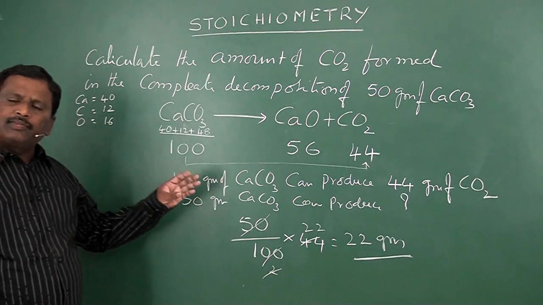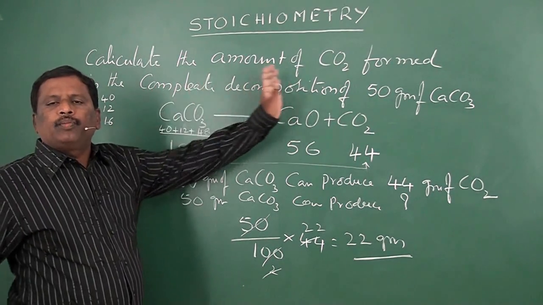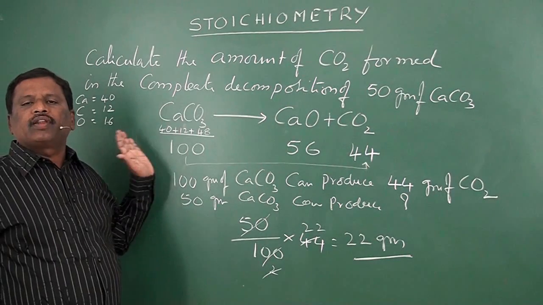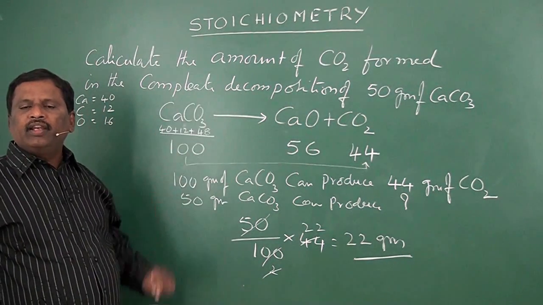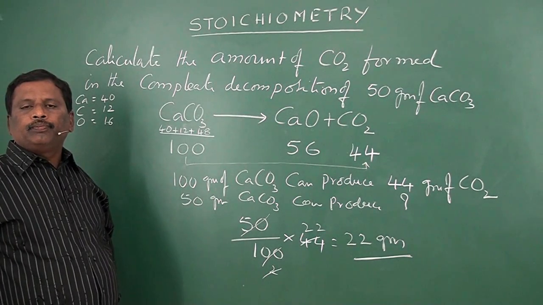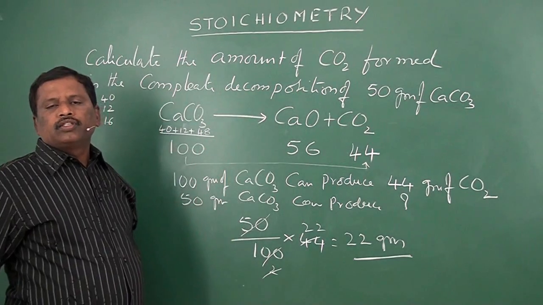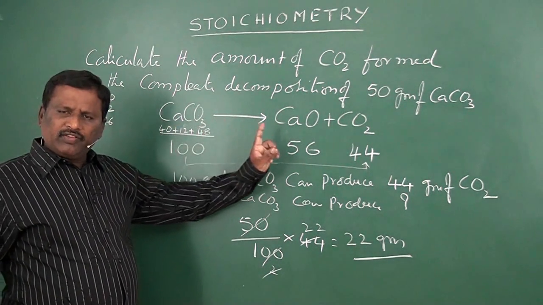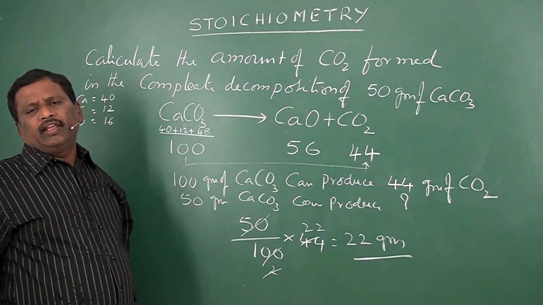So again I will explain to you. In such problems, you should read the problem carefully first. Then you should be in a position to write the required equation for the given problem. And then check whether that equation follows stoichiometric proportions, the law of conservation of mass. That we call balancing of the chemical equation.